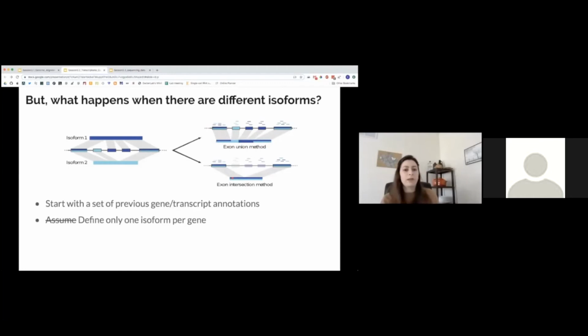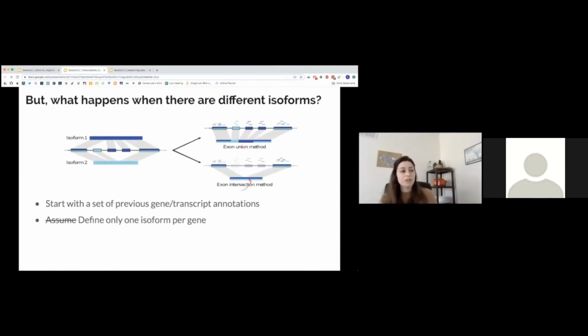So these are 2 simple ways to deal with the multi-isoform problem, and they will be convenient for mapping and quantification, but they will give rise to other problems. So the transcript abundance measured by either of these methods will differ from the truth. The union will end up resulting in underestimated expression for genes that have alternative splicing.